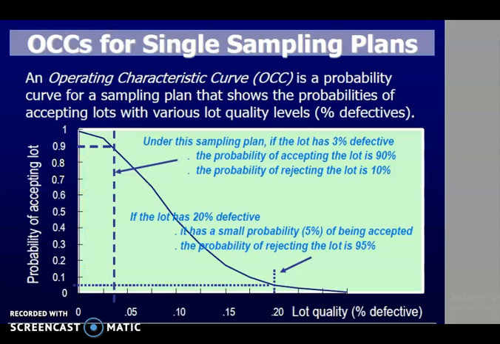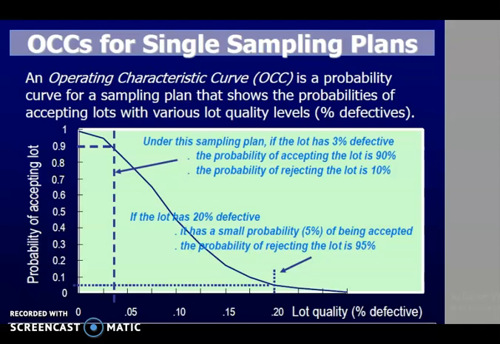Now we have to discuss the OC curve, the operating characteristic curve. This is a curve that we plot between the probability of accepting the lot and lot quality. On the x-axis we plot lot quality, that is the percentage defective, and on the y-axis we plot the probability of accepting the lot.